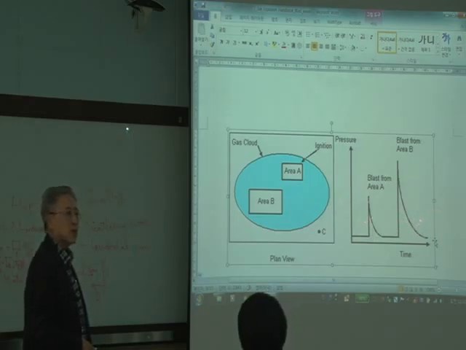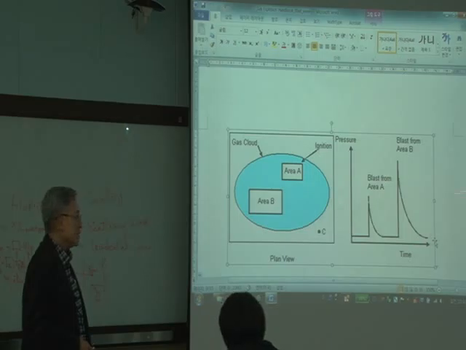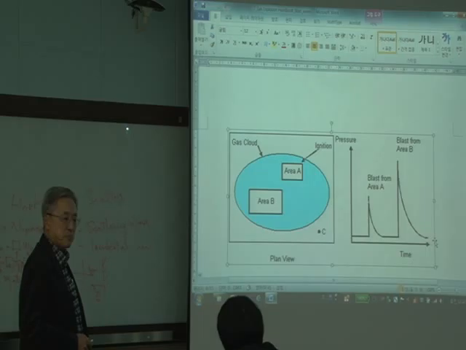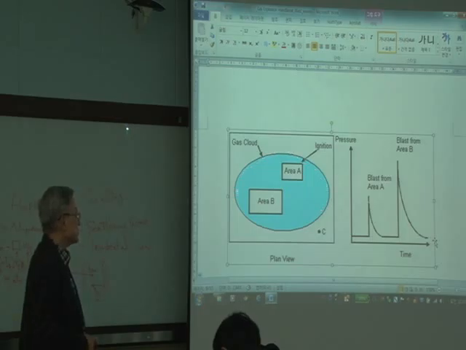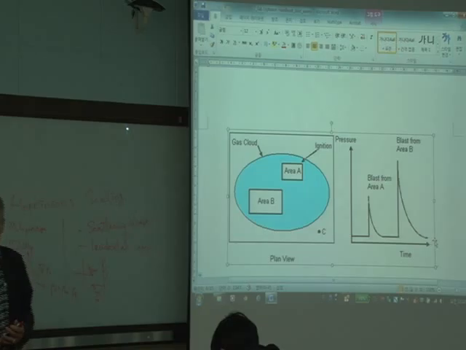Okay, depending on the distance between area A and B, you can combine these into one, depending on the condition, how far away this is. But this is all within the gas cloud. This is worth making a note of.